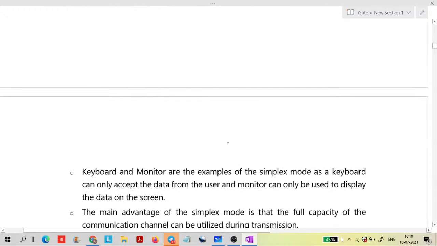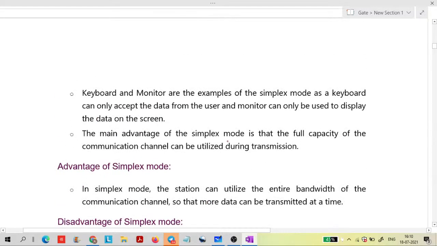The keyboard and monitor are also examples of simplex mode. On the keyboard we enter the data, which is one-way communication. The keyboard can only accept data from the user, and the monitor can only be used to display the data on the screen.